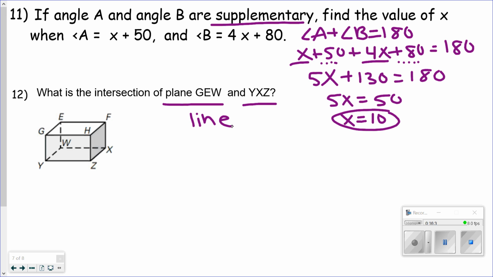All right, so plane GEW is this plane here. And then YXZ is this plane here. So I'm circling right now the intersection. So I would call this line WY or line YW.